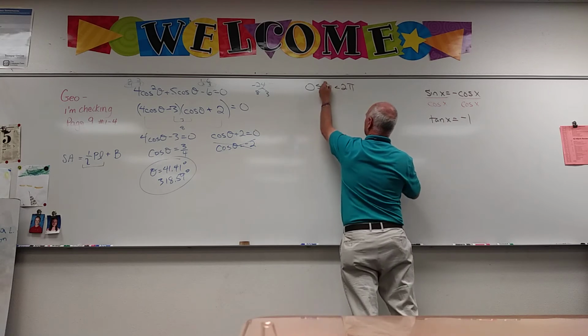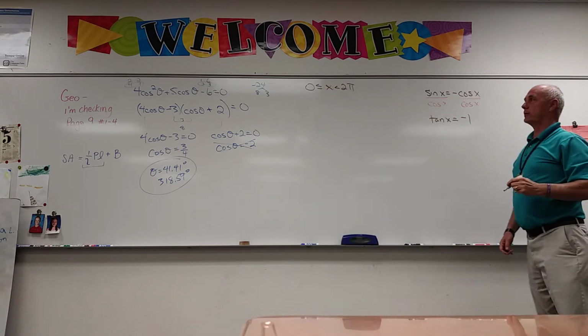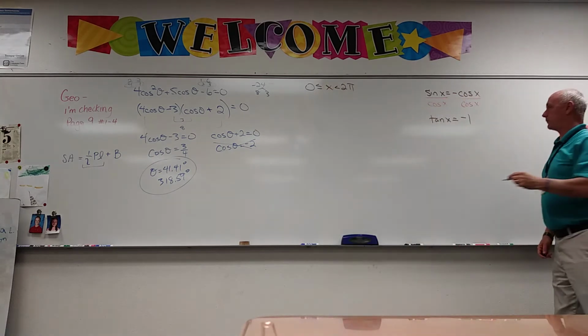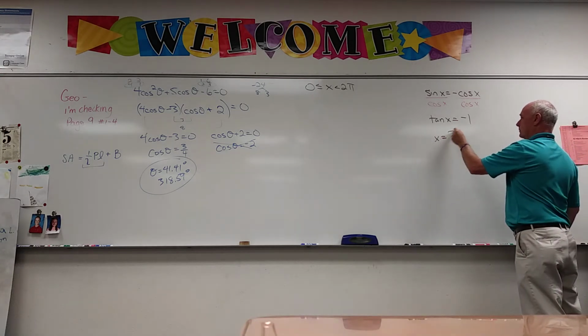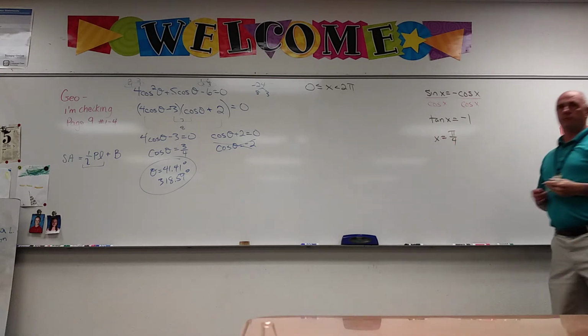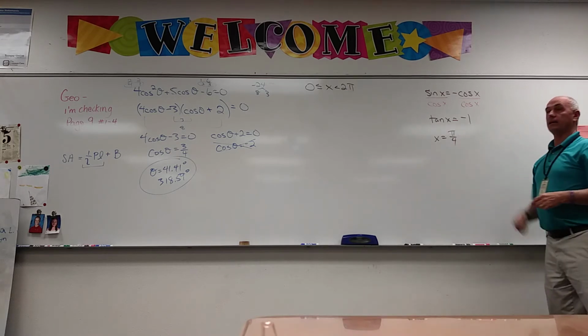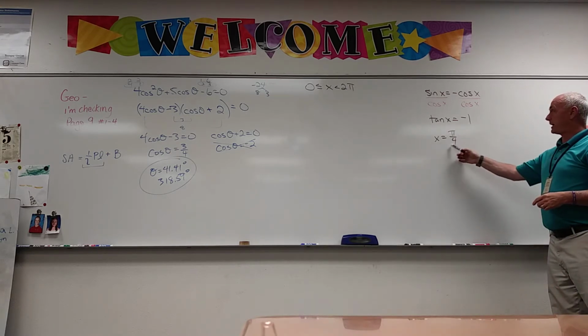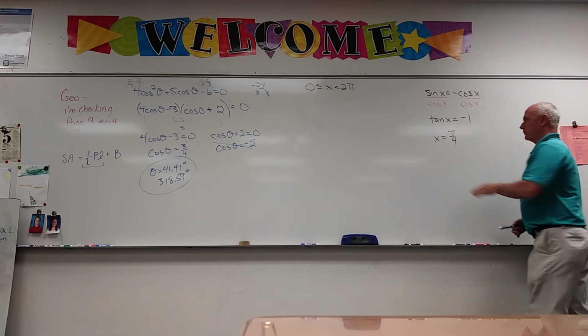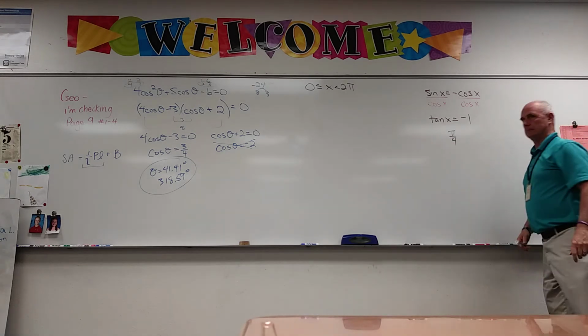What's the reference angle? 45 degrees, or pi over 4. We're in radians here. Quadrants 2 and 4 because tangent's negative, good. So x doesn't really equal pi over 4, I was joking there.